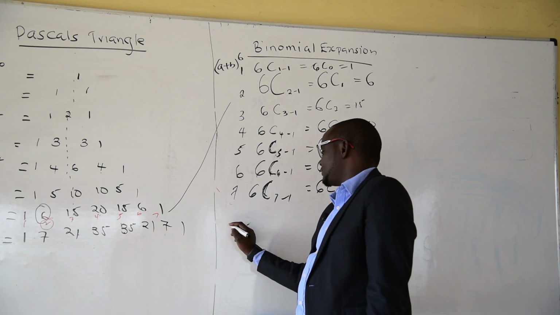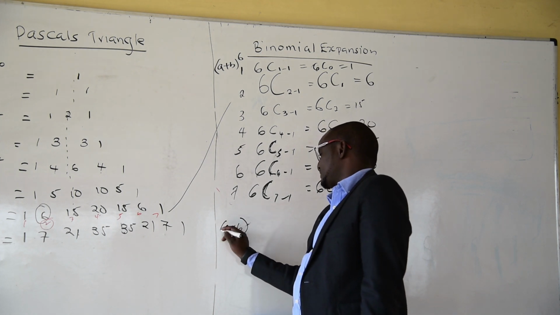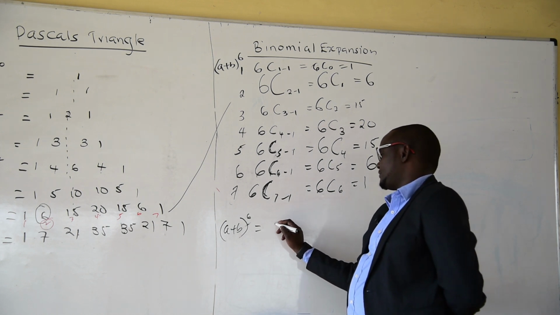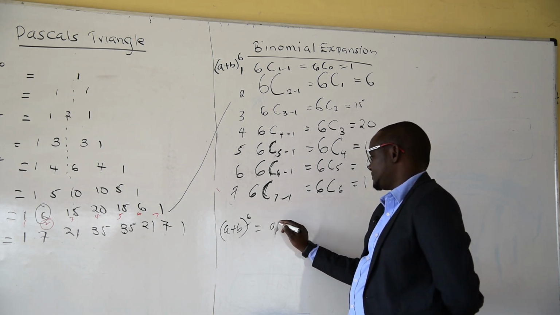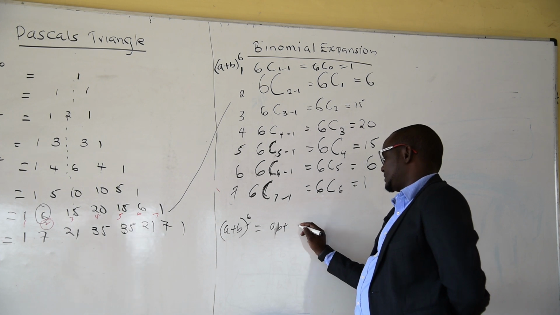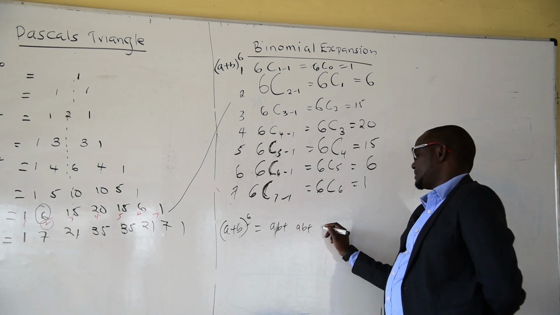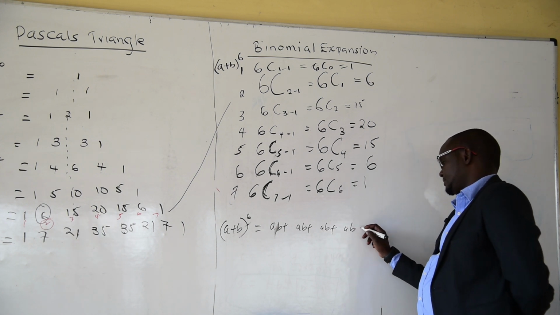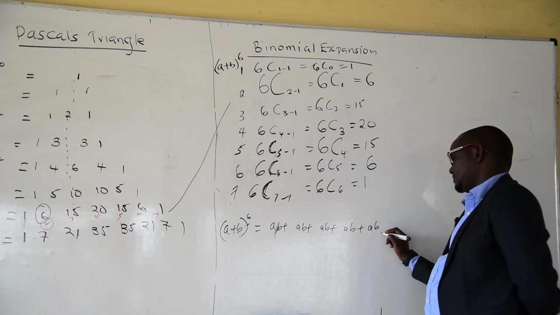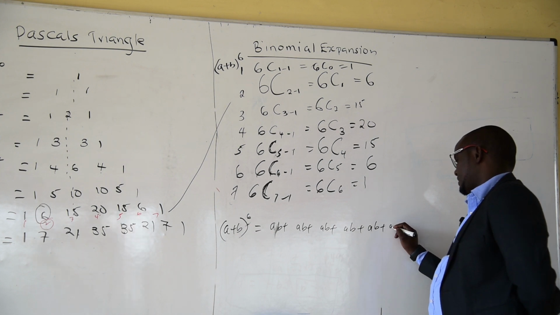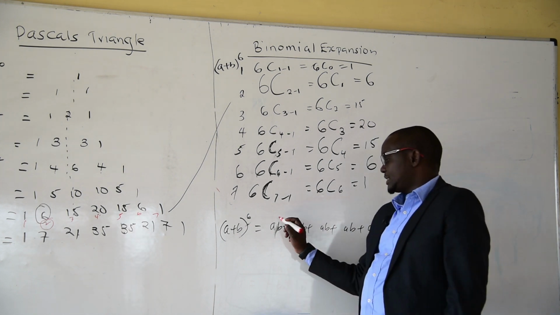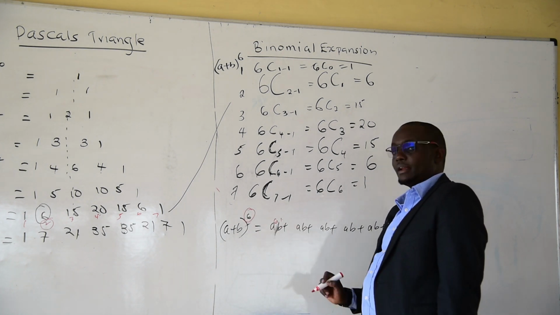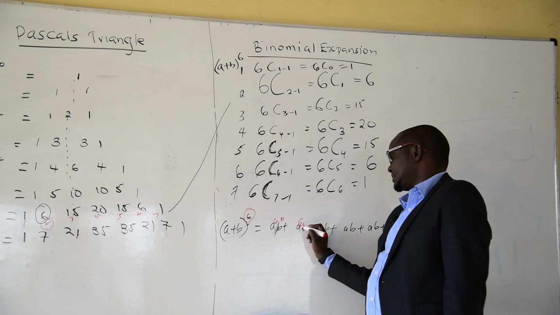So we can say, solve this, (a plus b) power 6. I will count 6 times, and we have (a plus b), plus (a plus b), and so on. So let's see. You start with a power 6, b power 0. Then you go to a 5, b 1.